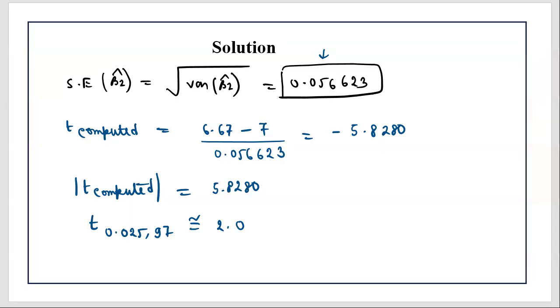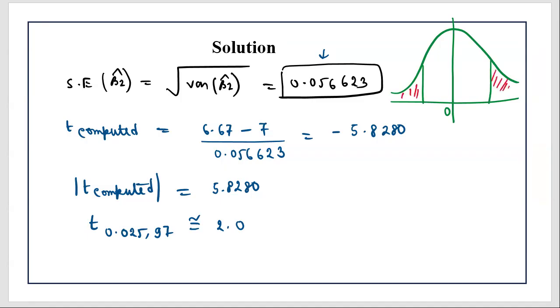So the thing is like this. If you draw this, the t distribution is always symmetric about 0. Here you will have two rejection regions, this is one rejection region and this is the other. The value here will be 5.8, and the critical value here is 2, and here it is minus 2.